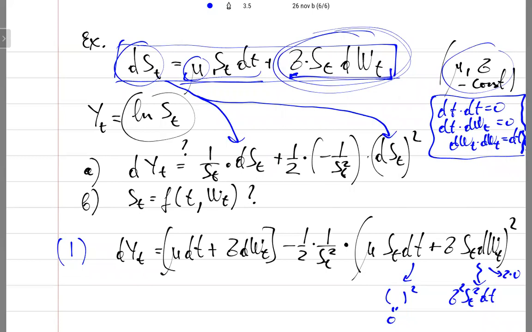So this says that the change of price of a share is proportional to the price. When the price is big, the big price is multiplied by the change of Brownian motion, and the change of Brownian motion may be positive or negative with equal probability. So it may go up, may go down.